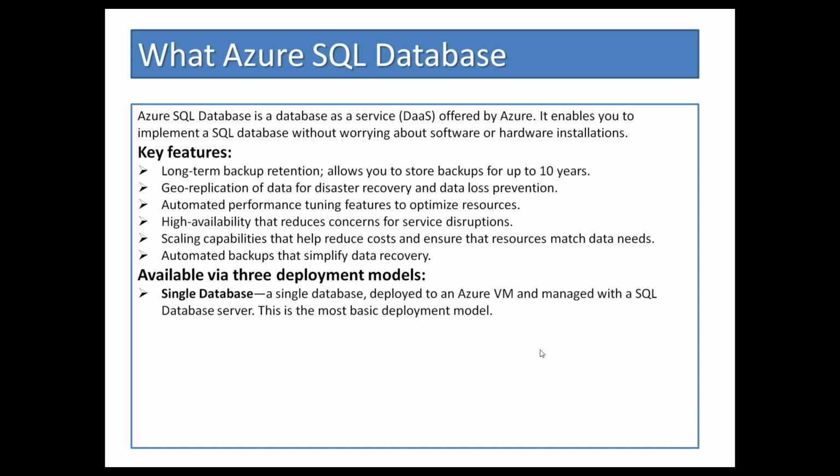The second thing is Elastic Pool. What is Elastic Pool? Elastic Pool allows you to group a lot of databases together to share pool resources. Let's say you have an application that is all over the place, so you have databases in Europe, Asia, and North America.